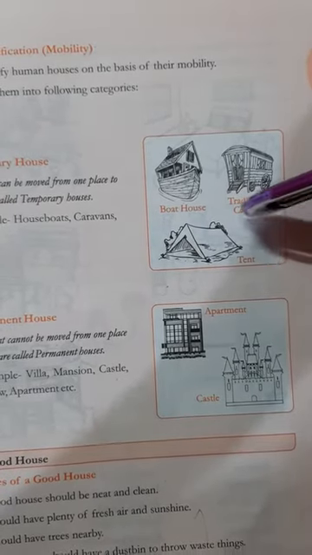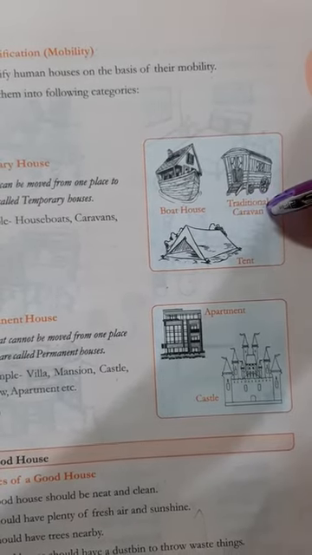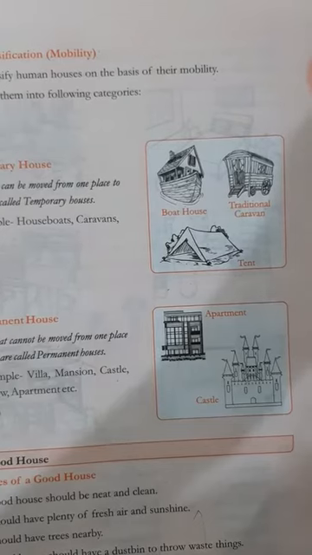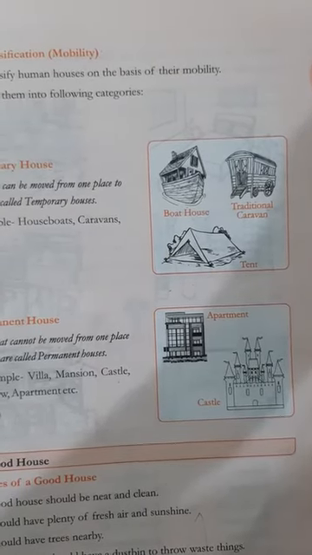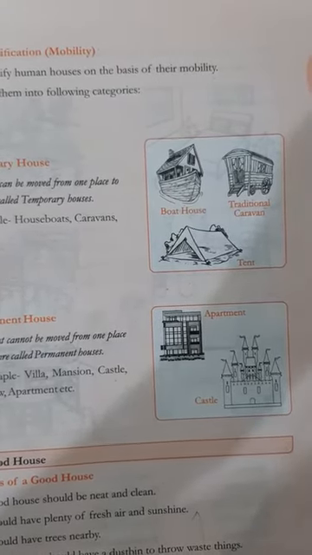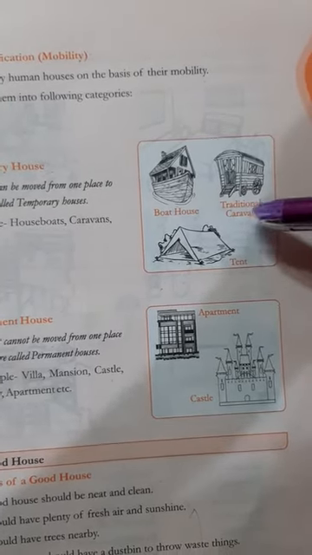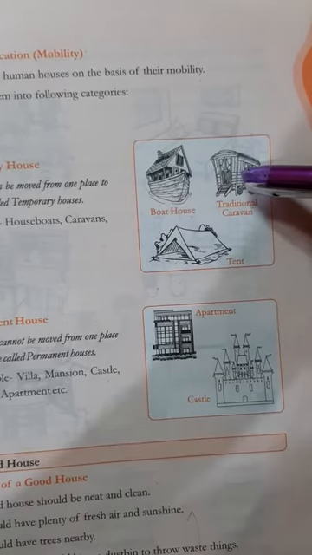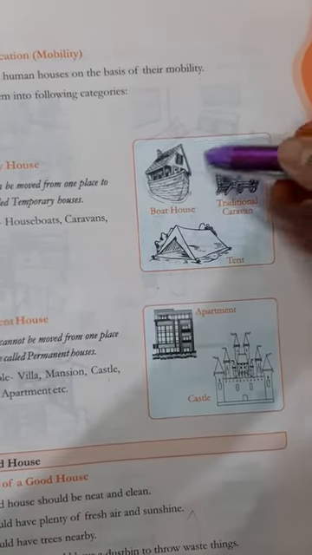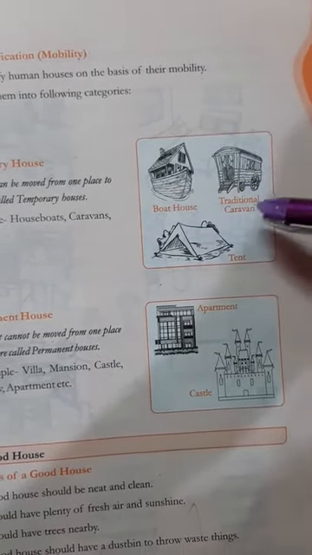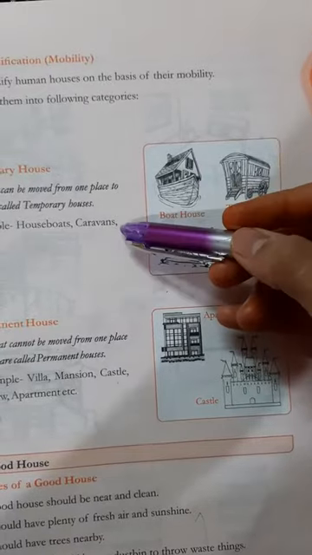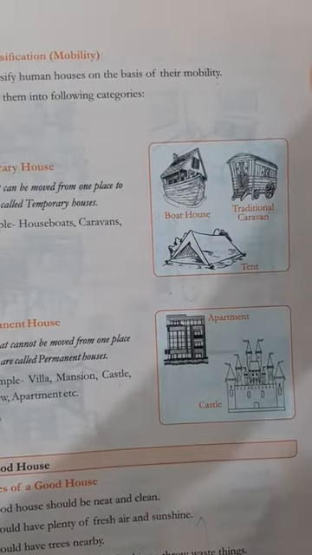Traditional caravan. The word traditional is used for the olden times, like the past. In the past, the caravans used were like this, as shown here, made up of wood. Nowadays, caravans are like normal cars.